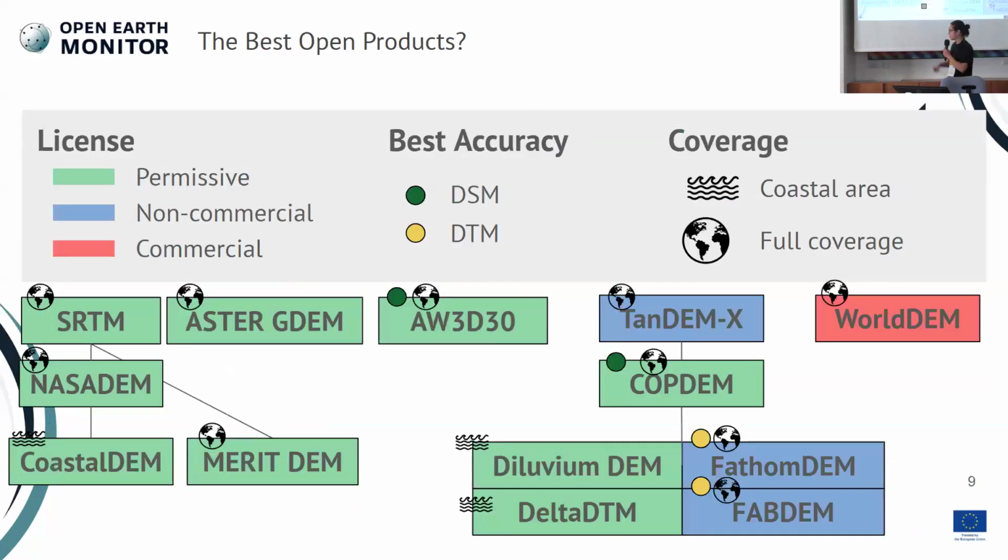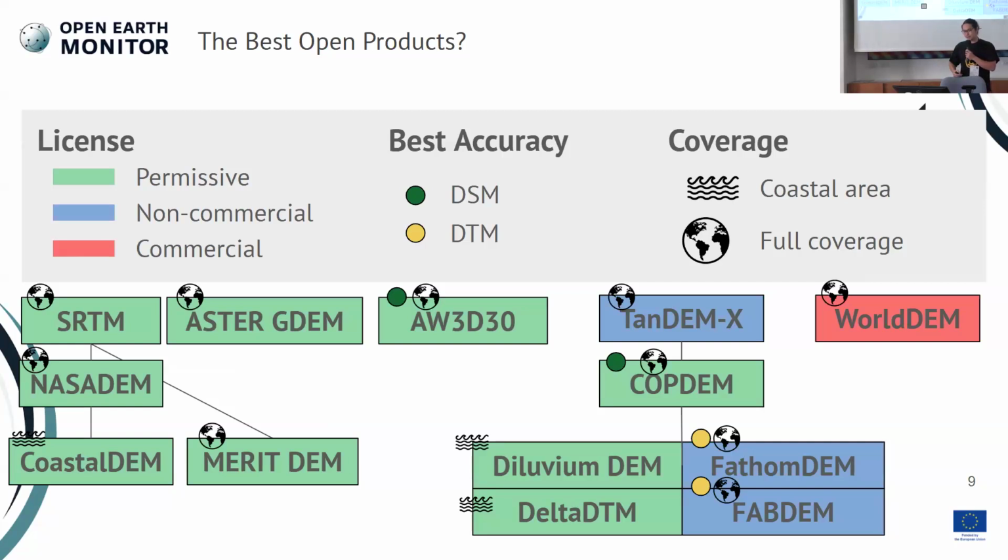And this is the summary I made to go through all of the digital elevation models. First of all, we can see it a bit like a center. The name is a bit wrong, but it shows the best accuracy.